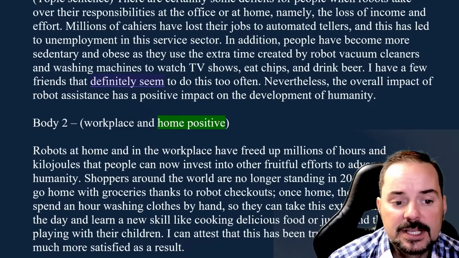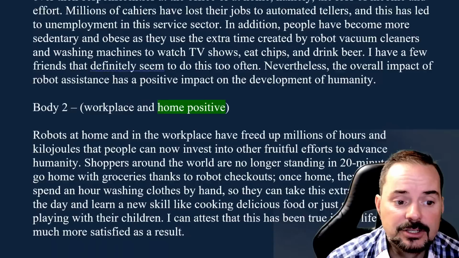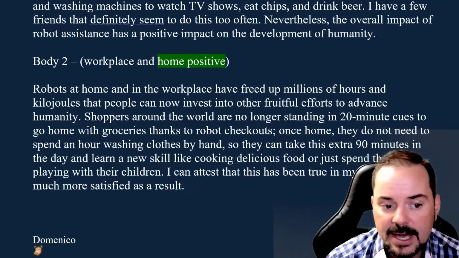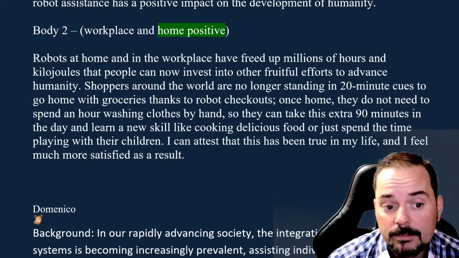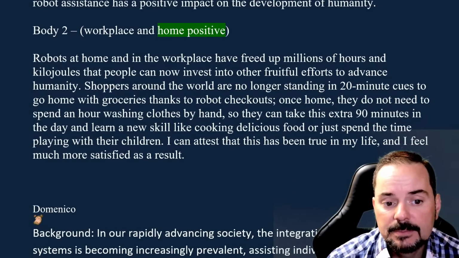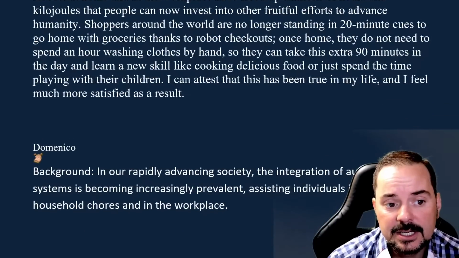I have a few friends that definitely seem to do this too often. Nevertheless, the overall impact of robot assistance has a positive impact on the development of humanity. Robots at home and in the workplace have freed up millions of hours and kilojoules that people can now invest into other fruitful efforts to advance humanity.